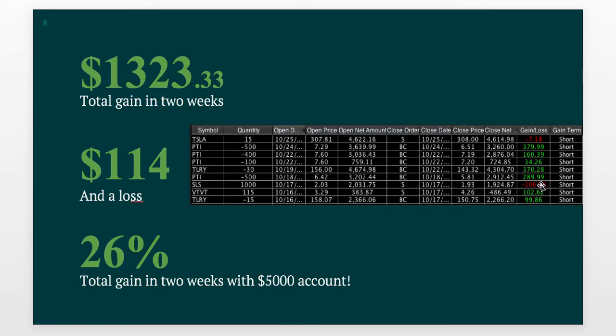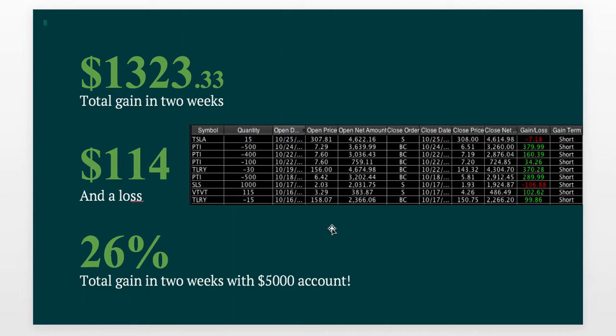I had 9 trades in the past 2 weeks with this small account, and cut losses in 2 of them. So it's a good successful trade rate. I made $1,300 in 2 weeks, with a $114 loss, and a 26% total gain on the $5,000 account in 2 weeks.